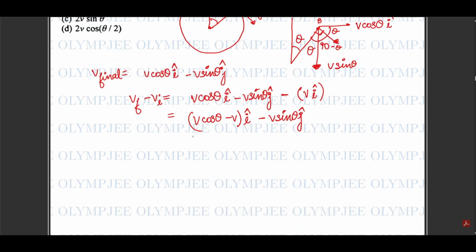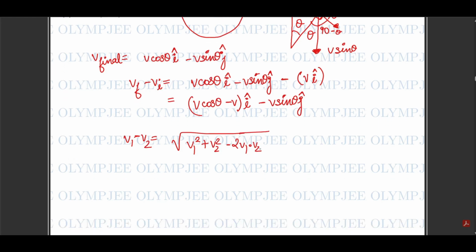So to find magnitude, we have the formula that for v1 minus v2, the magnitude is given by v1 square plus v2 square plus 2 v1 v2 cos, and we know that i dot j is 0, so this will be 0.